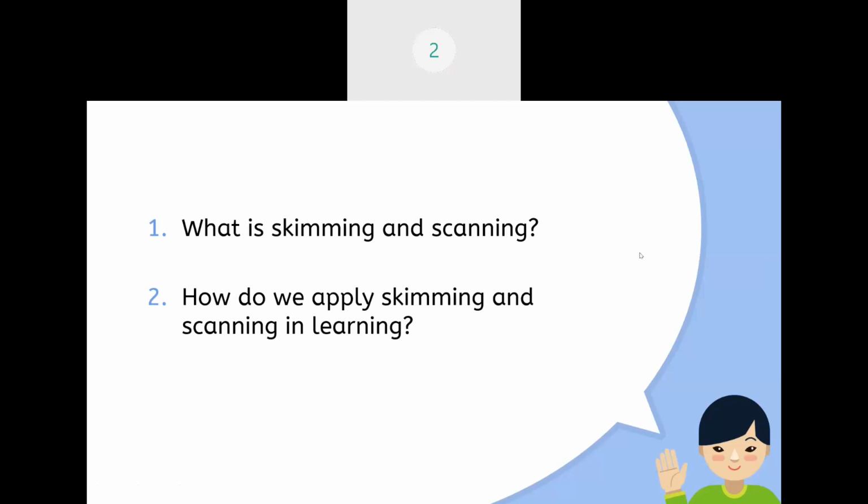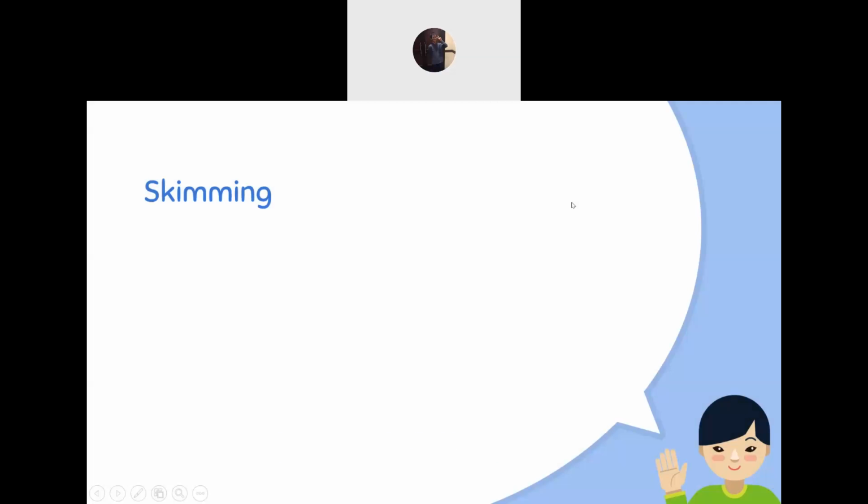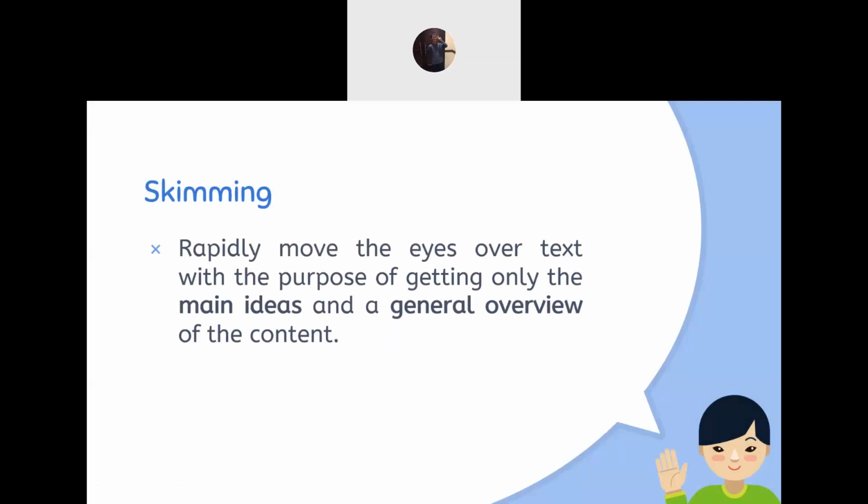Okay, so what is skimming? Skimming means when you rapidly move your eyes over a text with the purpose of getting only the main ideas and a general overview of the content.